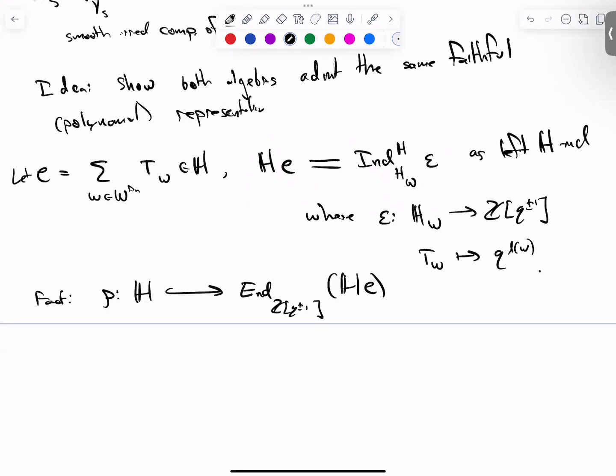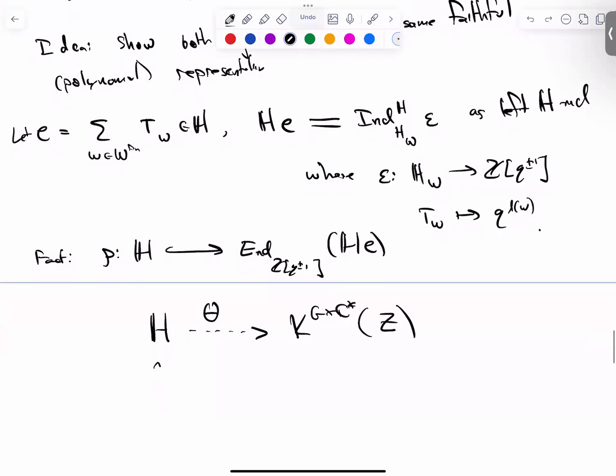And here's the diagram in which everything fits together. I'll put this in dotted. We don't know it's an algebra map, we just have a vector space map. We've constructed here a faithful representation, and now we need to complete it on the bottom.